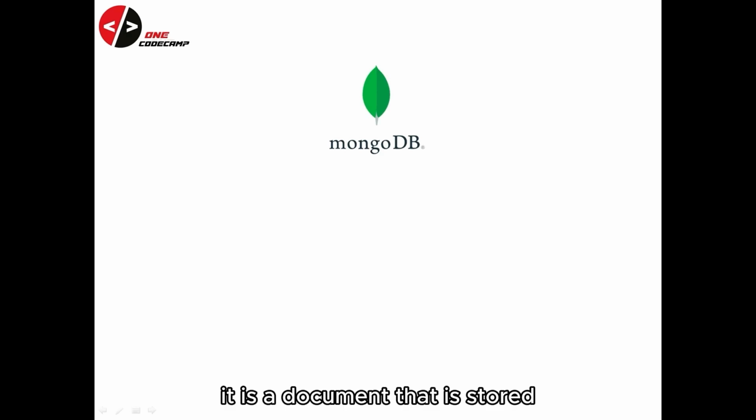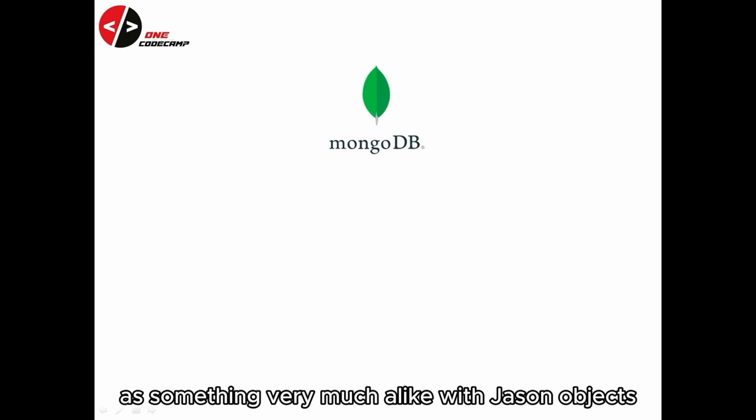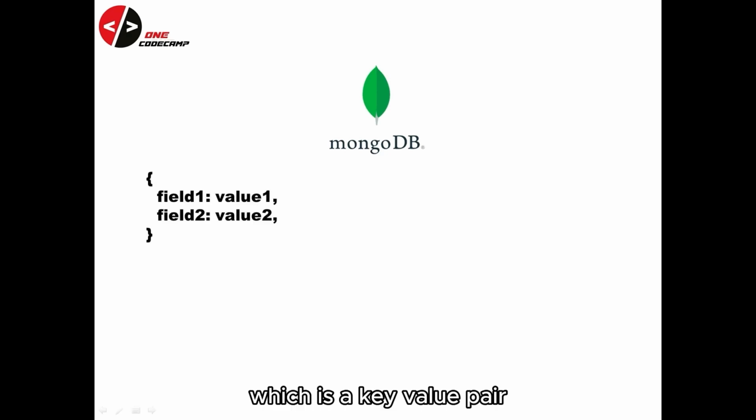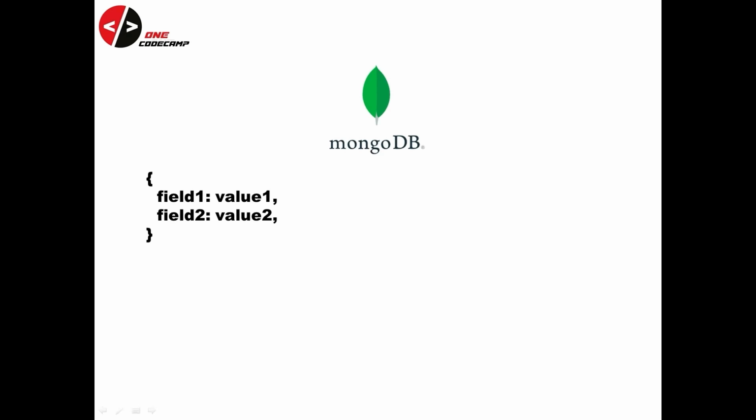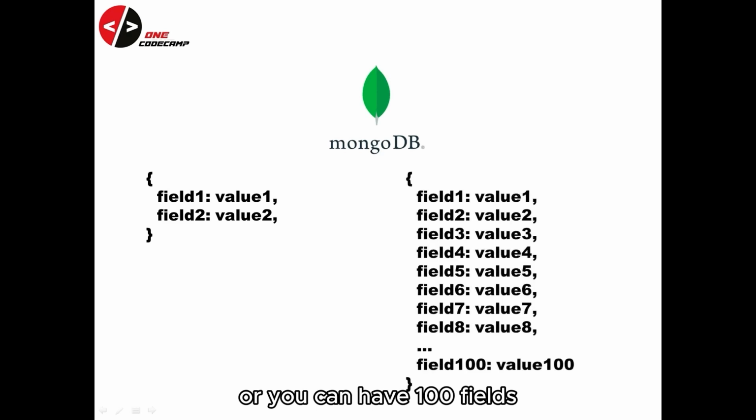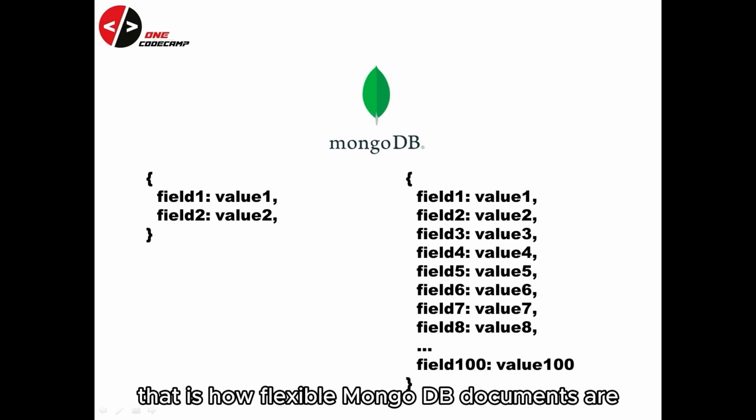It is a document that is stored as something very much alike with JSON objects, which is a key value pair. You can have a simple JSON structure like this with 2 fields, or you can have 100 fields. It is totally up to you. That is how flexible MongoDB documents are.